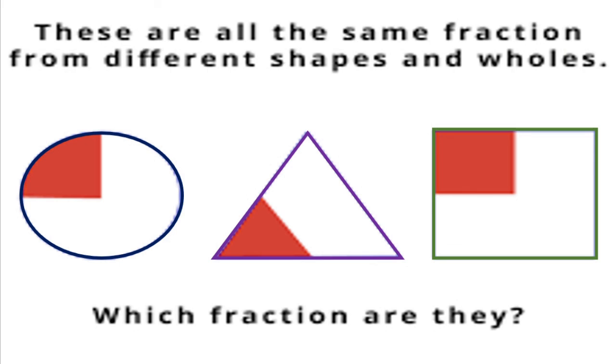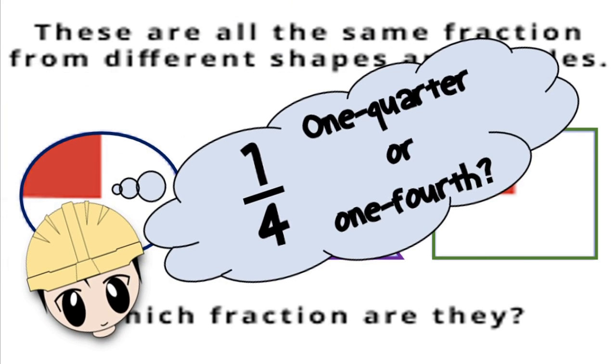Okay, see here, these are all the same fraction from different shapes. Which fraction are they? Please go through. Yes, now tell me, which fraction? Is it half or is it quarter? Yes, very good. This is 1 quarter.